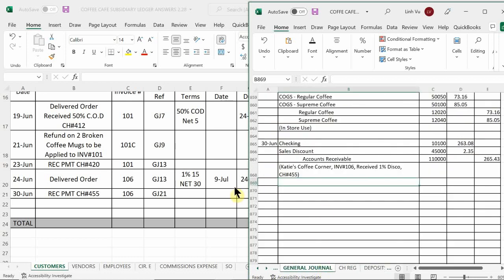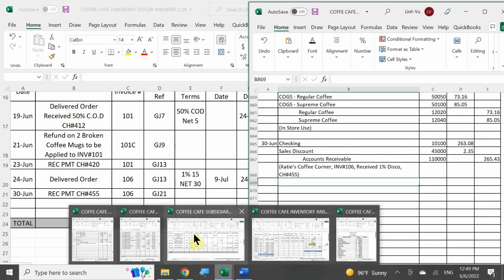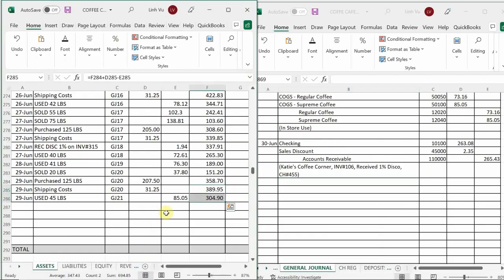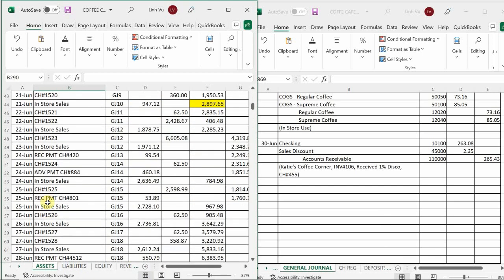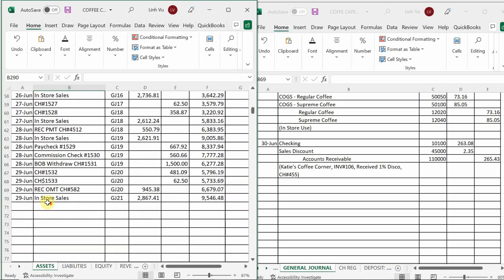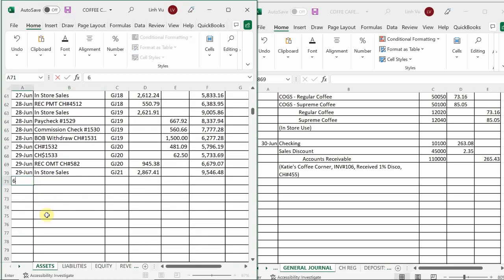And then now back to my journal so we can plug in our numbers into my ledger. Starting with checking because we received money. So that's definitely something that we're going to have in our bank account. So received payment, check number 455.